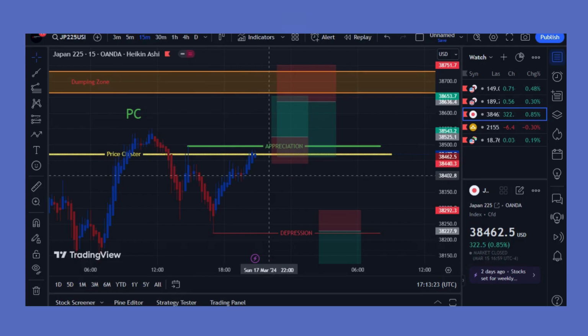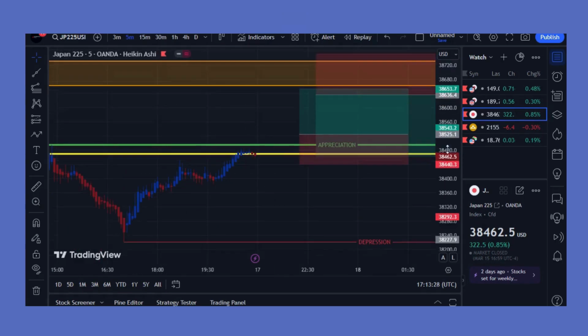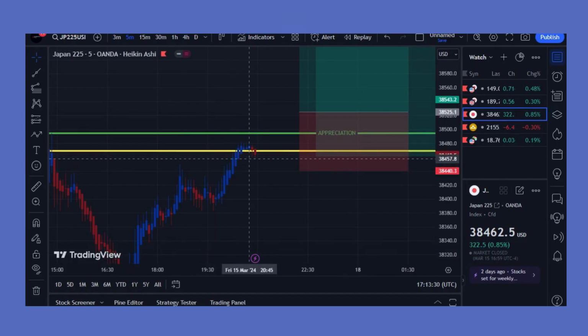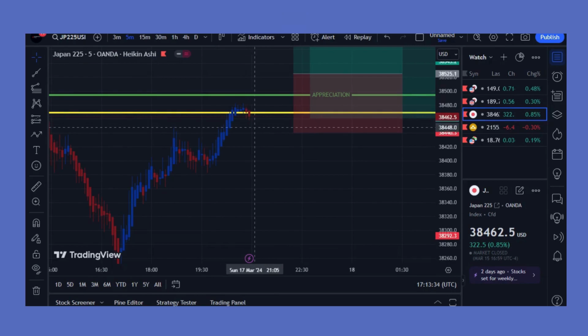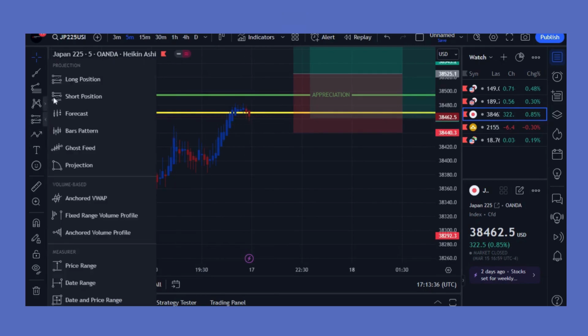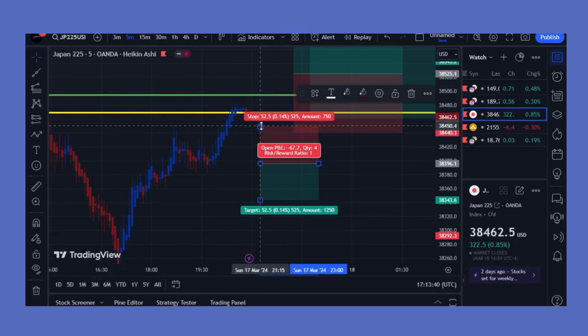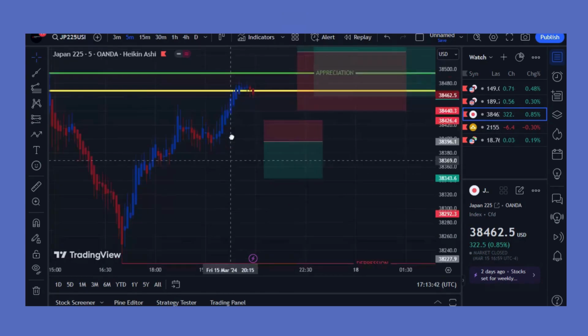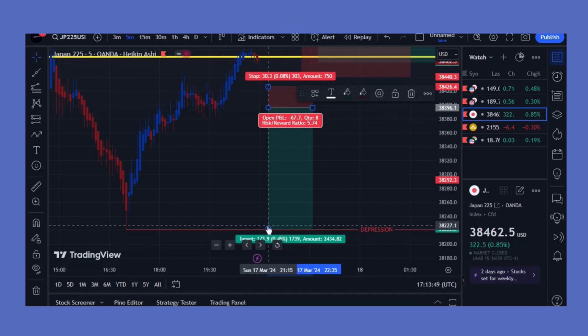Or if it's carrying on, I'll look at the lower time frame and observe if there is a depreciation zone that has been broken. So say maybe if the depreciation zone is somewhere here, I'll start looking at entering a trade somewhere here and looking for 1 is to 2.5.